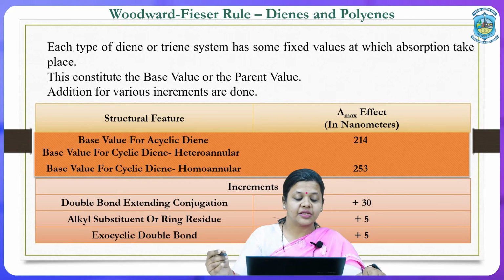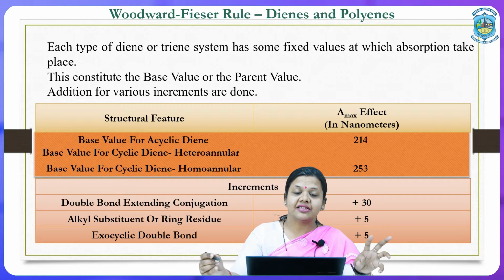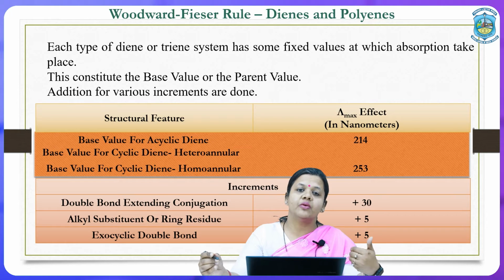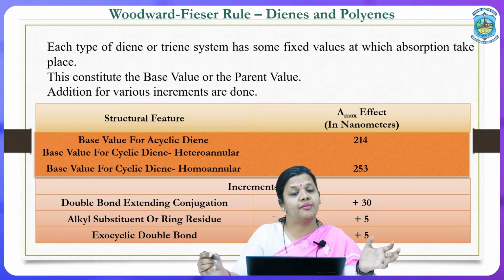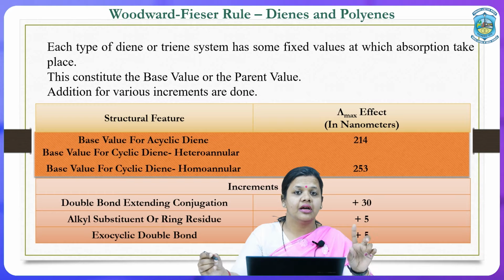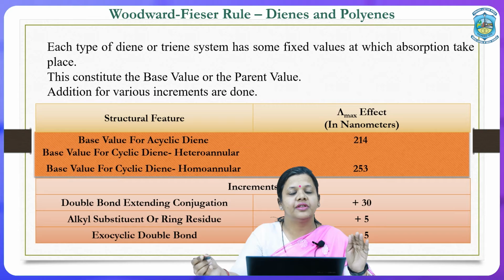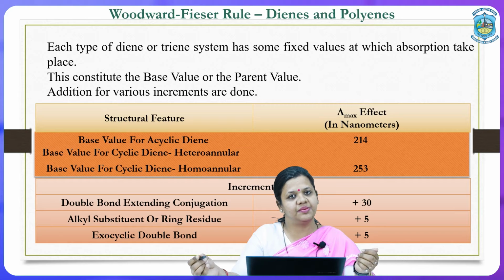So, as the topic is about dienes and polyenes, if I am talking about a diene, it means a molecule in which there are at least two conjugated double bonds. The smallest diene that is possible is 1,3-butadiene.